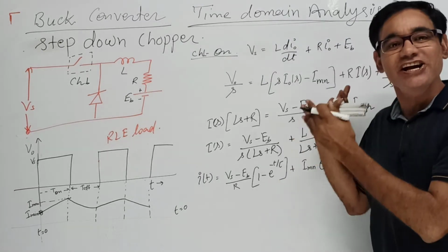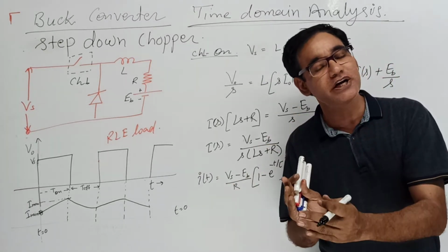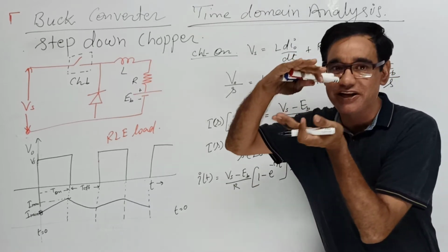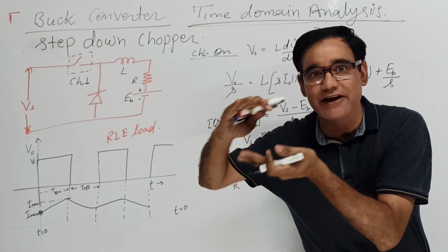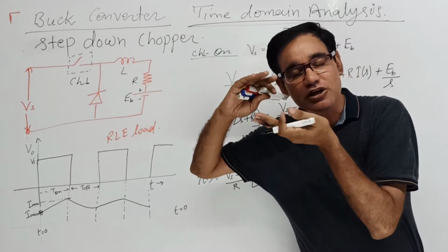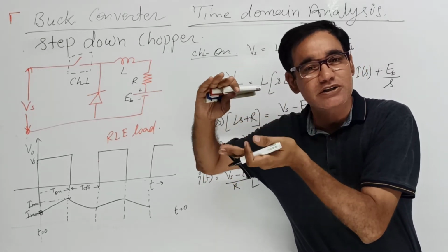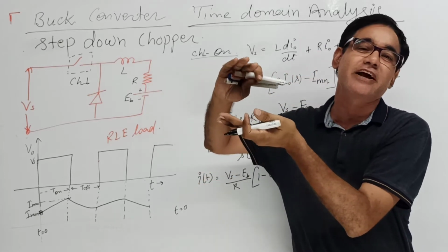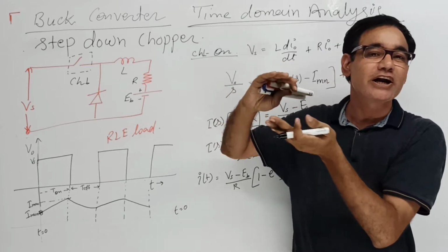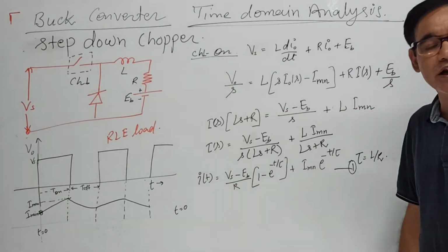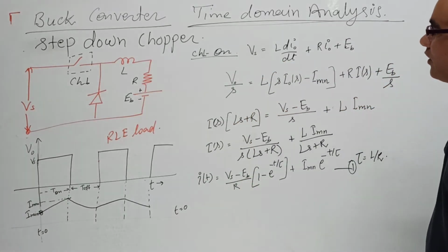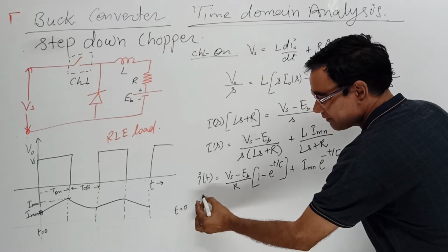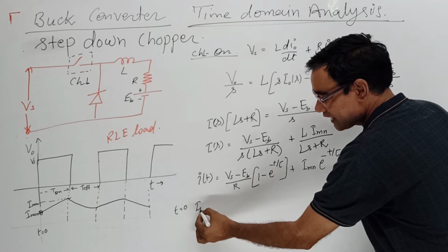We are analyzing the current: how the current varies, what the minimum value, what the maximum value, what the ripple means, the variation between minimum and maximum. This buck converter varies the current from maximum to minimum, and that variation is known as ripple. So we want to calculate all that. When t is equal to 0, I naught becomes I mn.